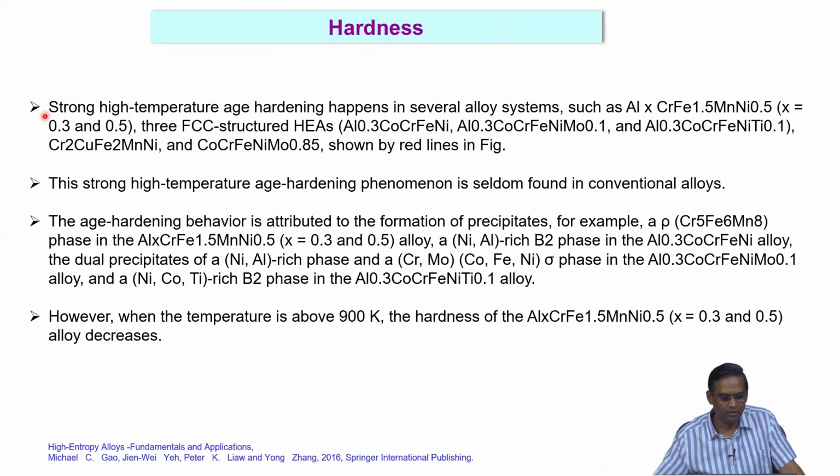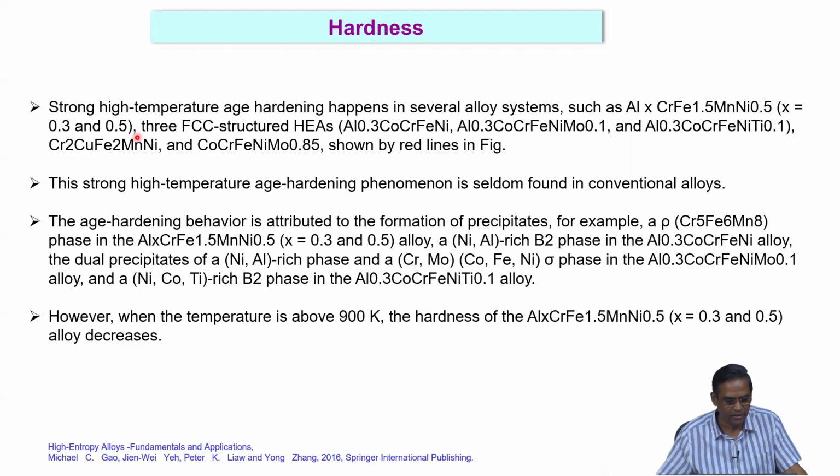And then let us look at the temperature dependence. The strong high temperature age hardening happens in several alloy systems. For example, if you vary the aluminum content, we have seen several alloys in the previous classes. Aluminum high entropy alloys are quite popular because several people have studied them.